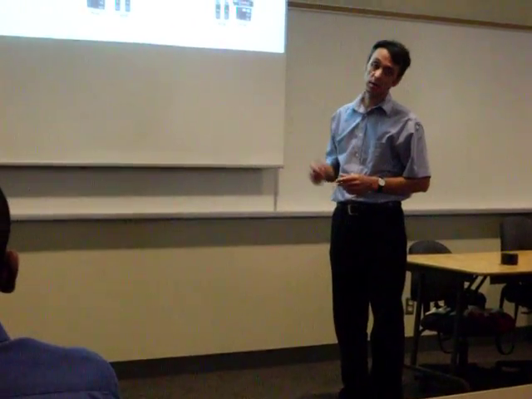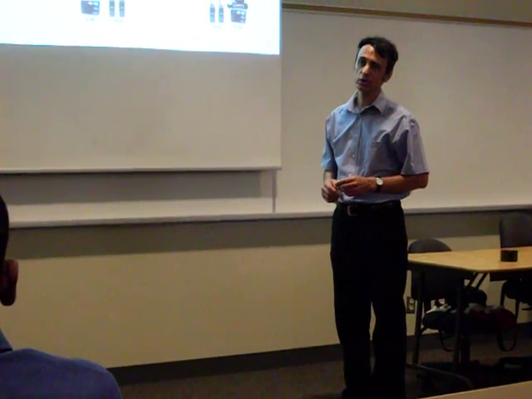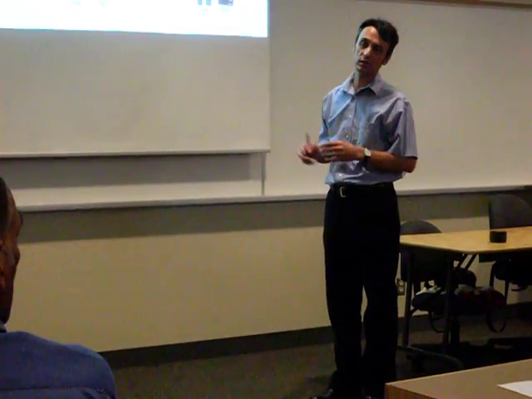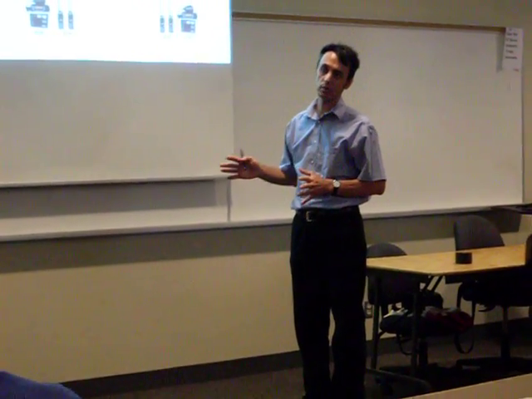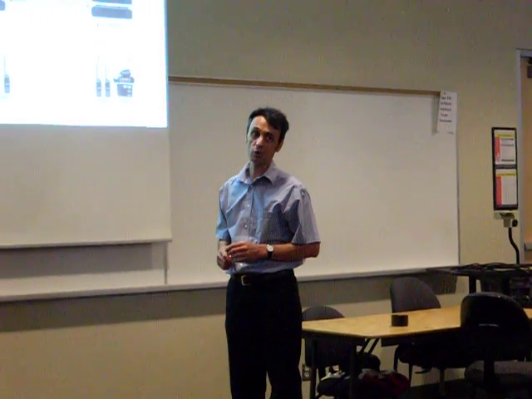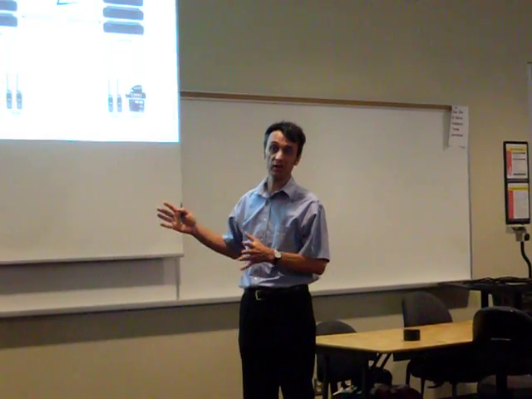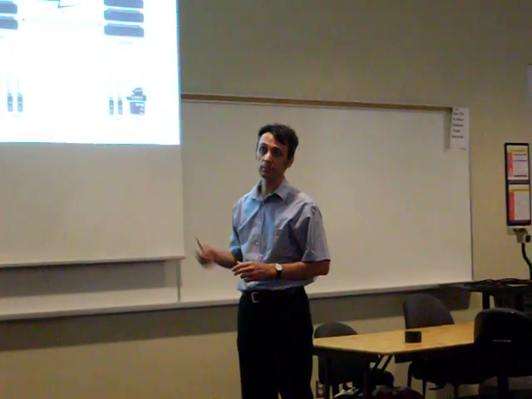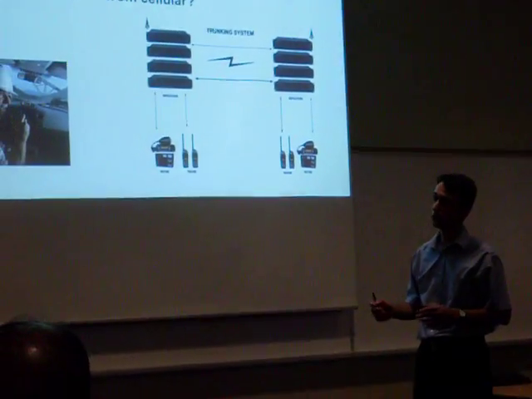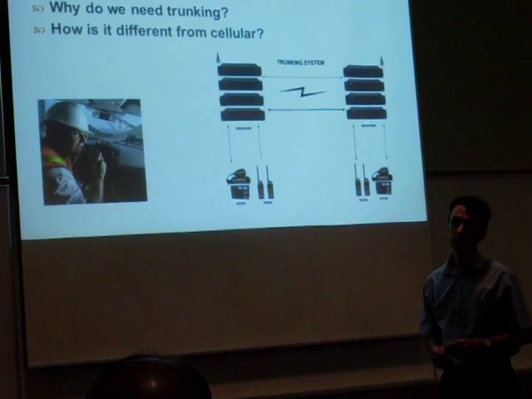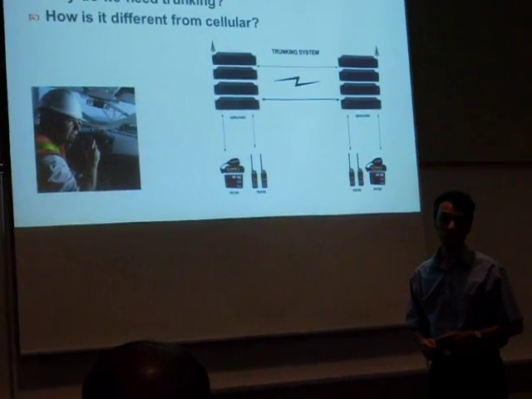Whereas in a conventional cellular phone system, we are addressing the needs of more casual users who use the system for longer periods of time, and they can afford the luxury of waiting a couple of seconds before the call is answered. Cellular systems also usually require larger bandwidth and data rates for data transfers.